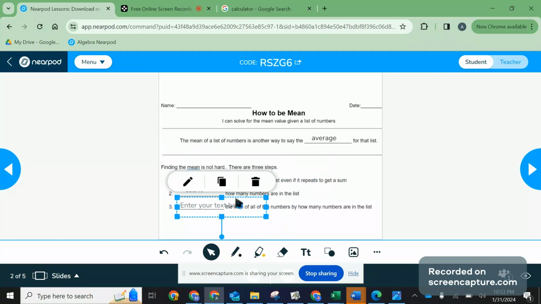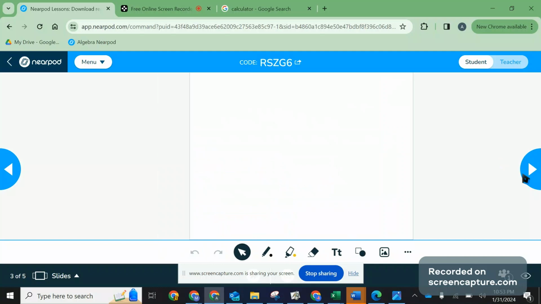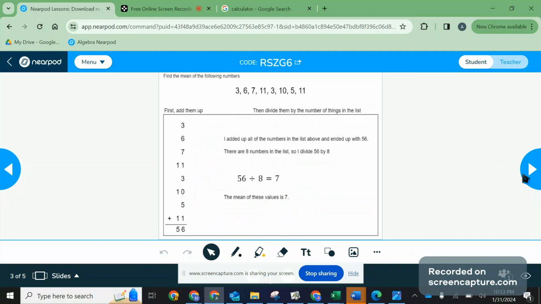Last but not least, you're going to take that sum, that total, and divide it by how many numbers there are in that list. So it is literally add, count, divide. That's how you find the mean. You have to be able to find the mean for what we're doing on Monday next week.